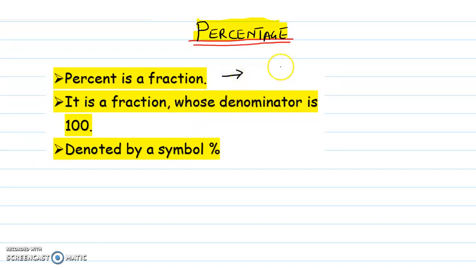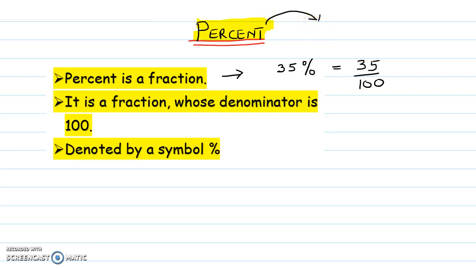Suppose let's take 35%. Then we say it is 35 over 100. Now the question comes, why do we divide by 100? We can explain it. It is percentage. If you get rid of this word age, it is left with percent.